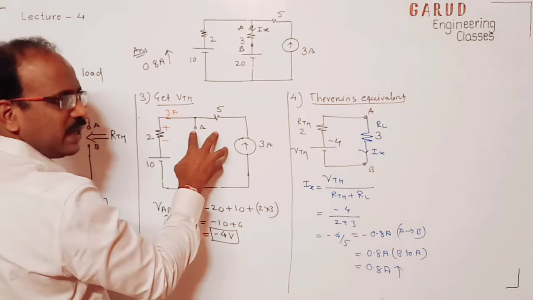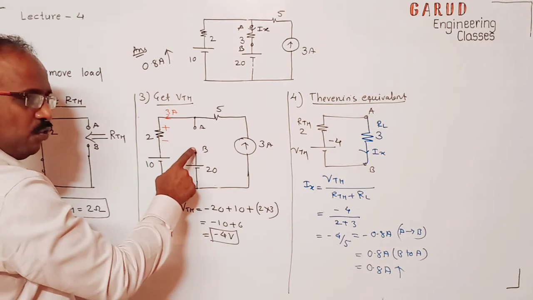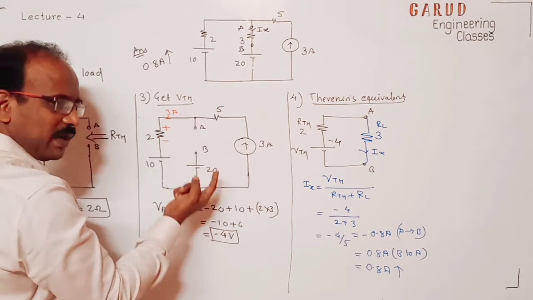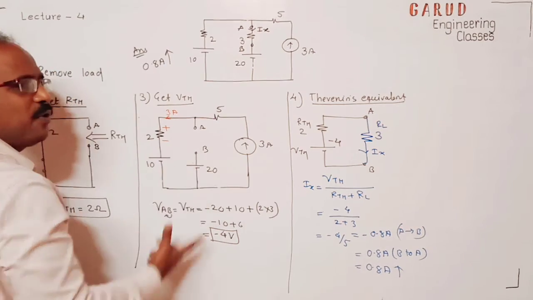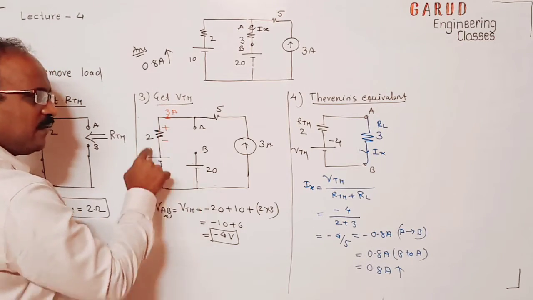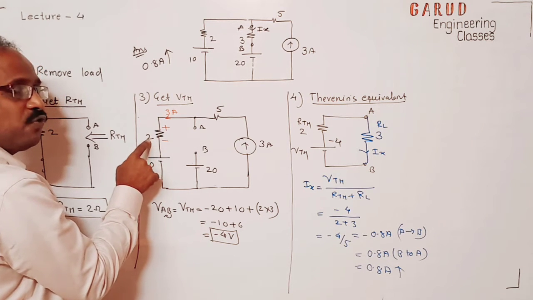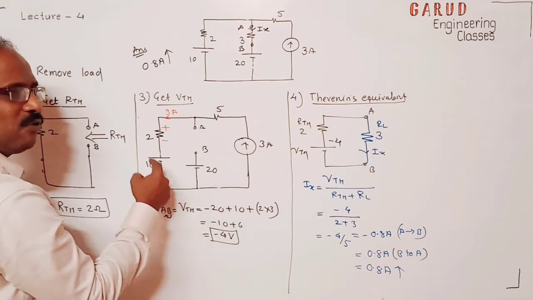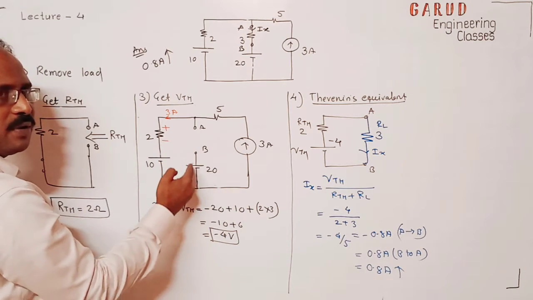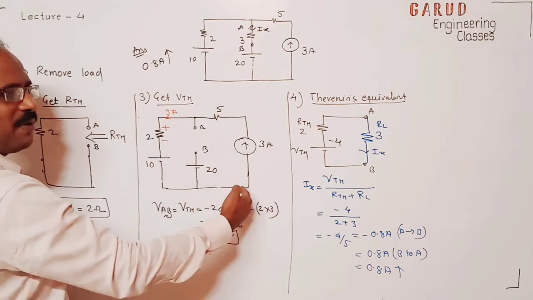Now how to get VTH? We have to consider the original circuit. Rule is what? This practice is already done. Travel from B to A. So if you travel from B to A, this is the way, but there is a resistor. So we need to find current, but if you see this is the only loop. So how much is the current flowing? 3 ampere is flowing.